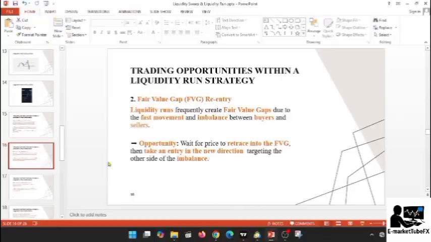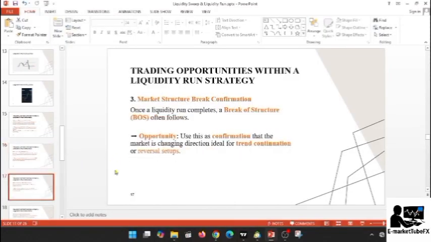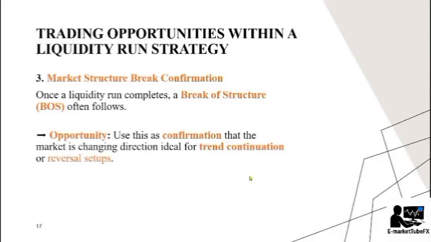Now let's continue with the presentation. Over here, that is the market structure shift. So we are on the third point, market structure shift. Once liquidity run is complete, there is a break of structure, which often follows.